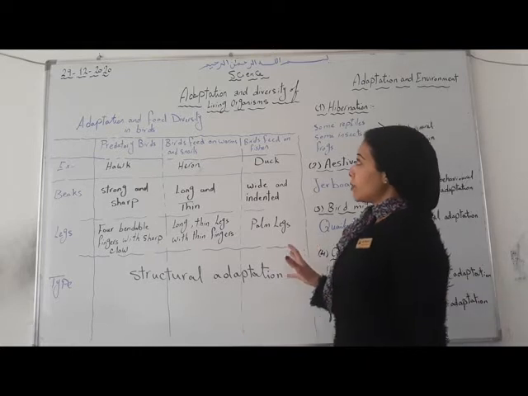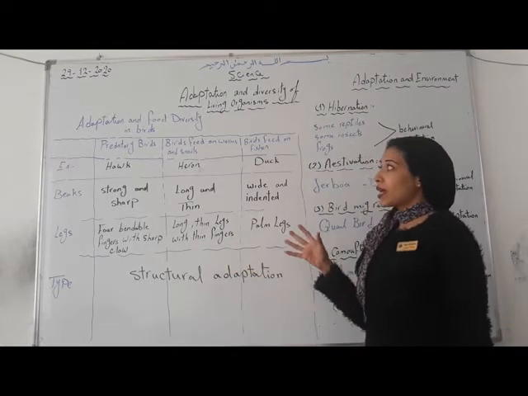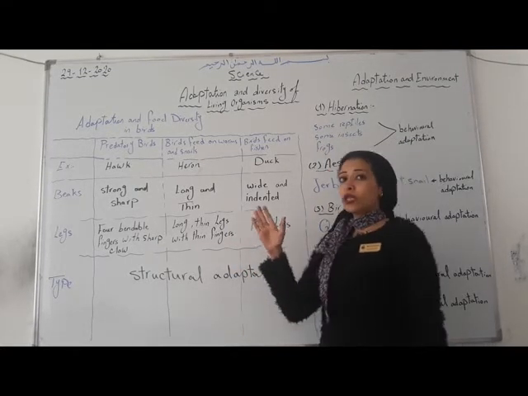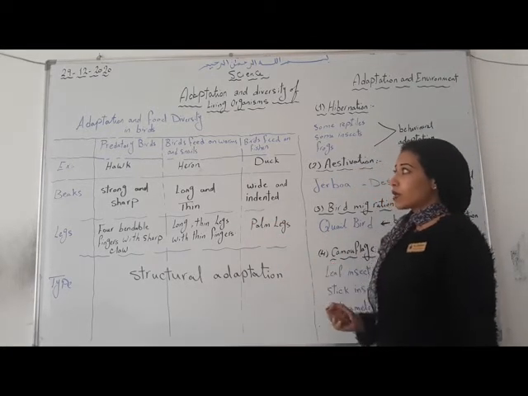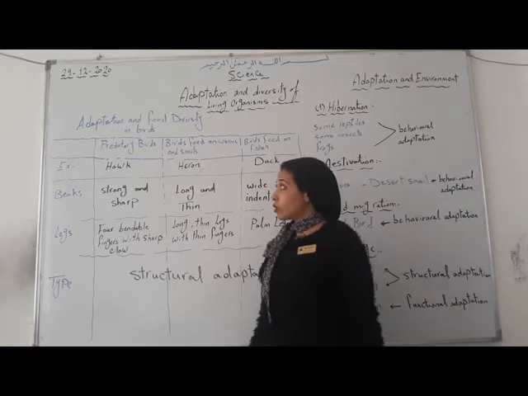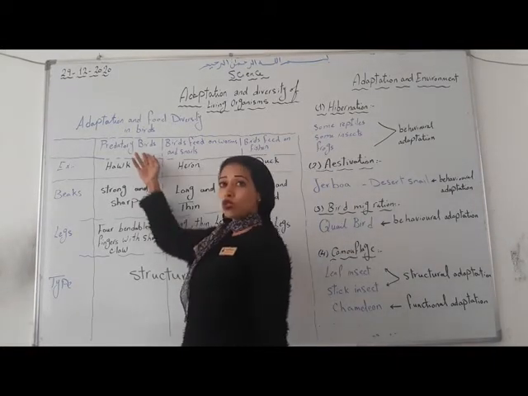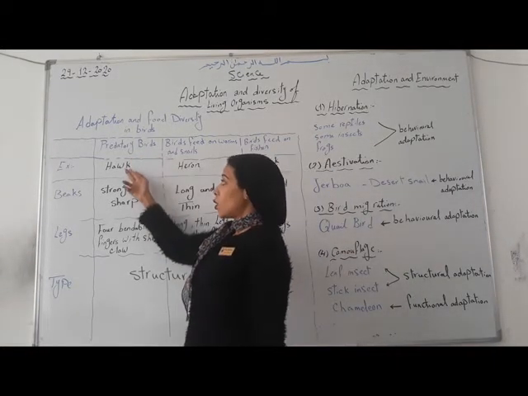Some of the living organisms make adaptation according to the way they get their food, like the birds. We have three types of birds. Predatory birds, which eat meat, like the hawk.